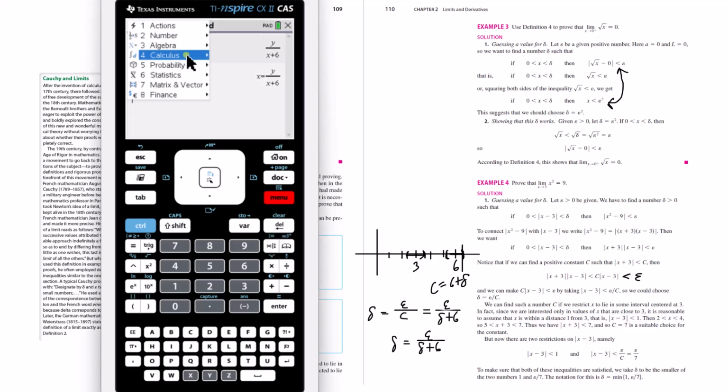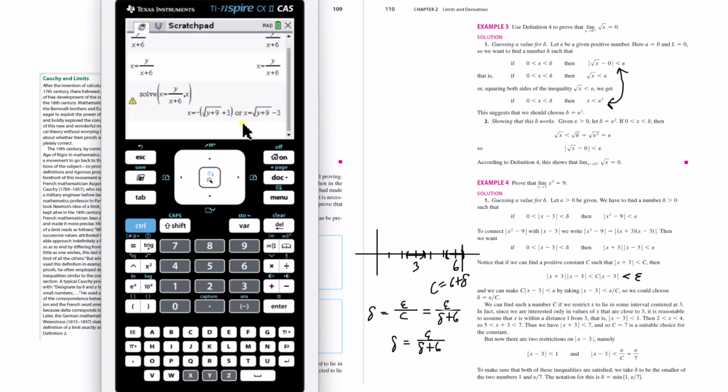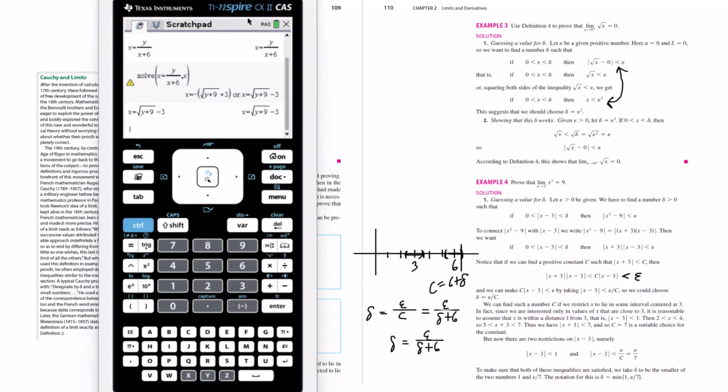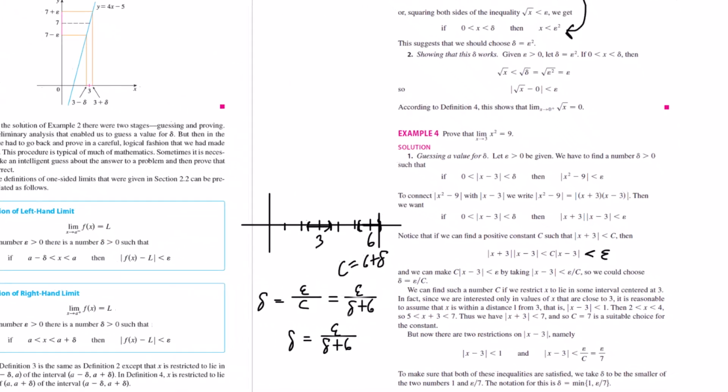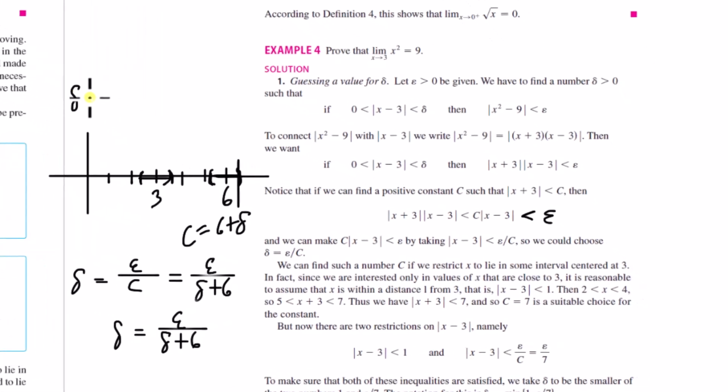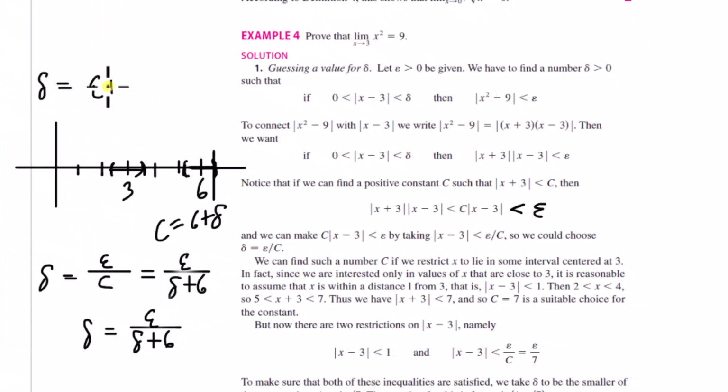Now let's solve this for x. Delta is always positive, so there we go. Delta is equal to the principal square root of epsilon plus 9 minus 3. And there we go.